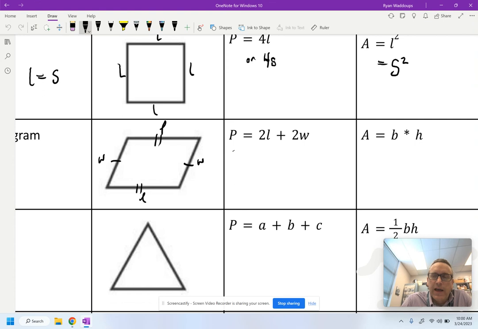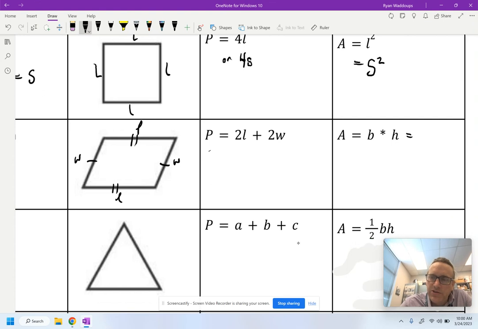The area is the base times the height, often just written as BH. The base is the length of whatever side is oriented down. Generally, you could twist it, and then one of these width sides would be the base.